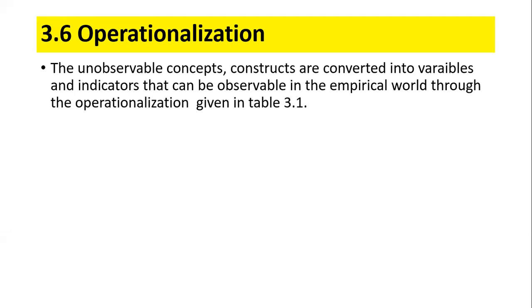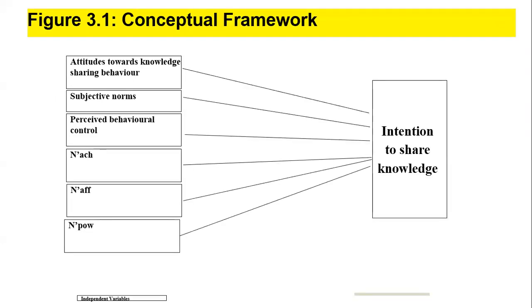So look here: intention to share knowledge, attitude towards knowledge sharing behavior, subjective norms, perceived behavioral control, need for achievement, need for affiliation, need for power.